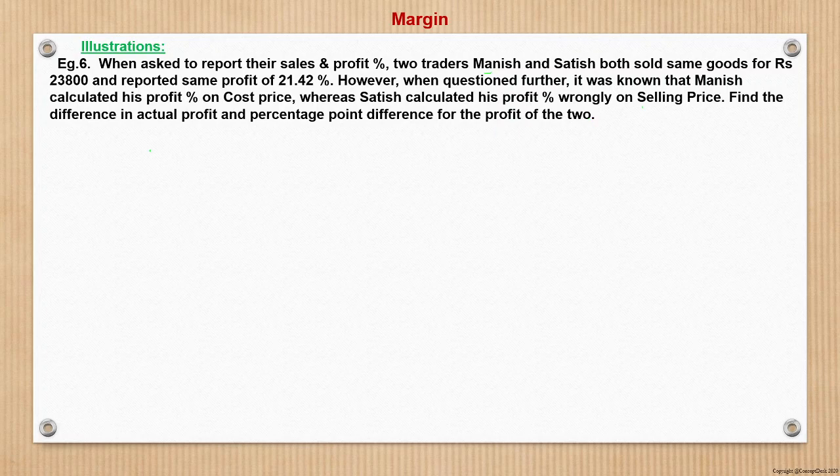So let us see. This is a good question. There are two traders. For Manish, CP and SP, we will deal in multiplying factor. SP we know: both sold the same goods for rupees 23,800.